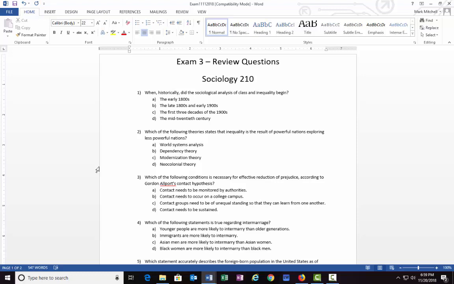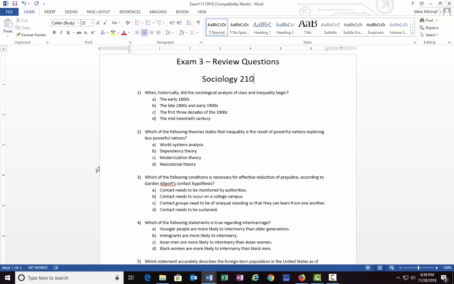Alright, number 2, which of the following theories state that inequality is the result of powerful nations exploiting less powerful nations? And this is a good example of a vocabulary term question. Again, reading is very important. And I'll give you just a second to think over the options. Your choices are A, world systems analysis. That's a term from Immanuel Wallerstein that the book presented.